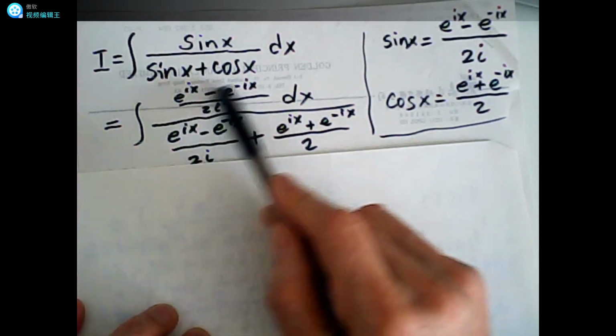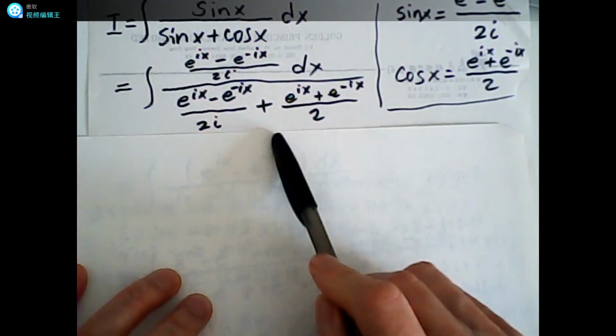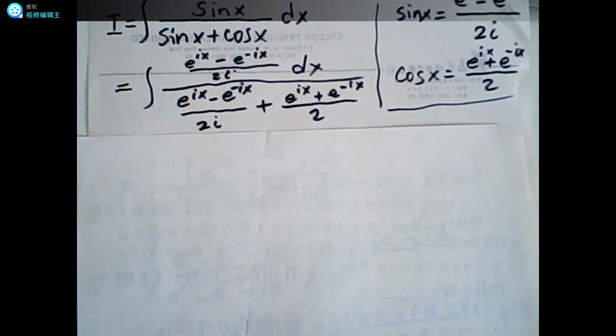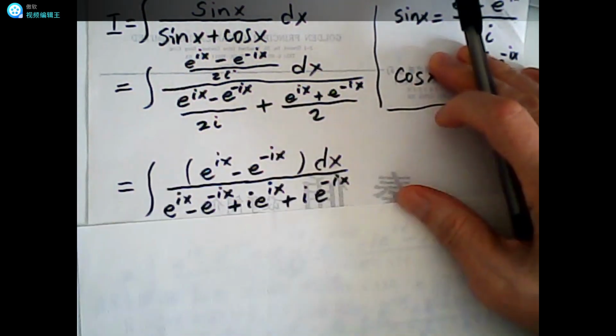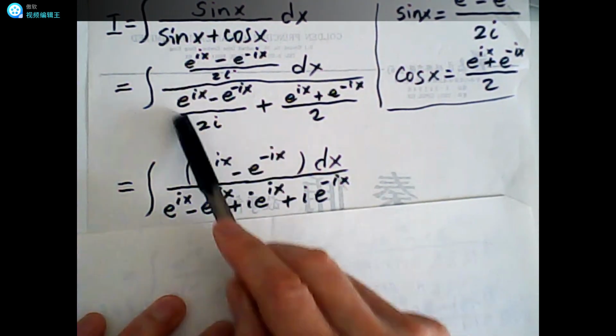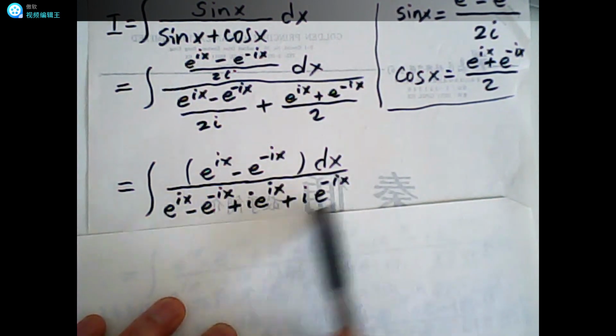And then we replace sine by this, cosine by that. Then obviously we multiply 2i to both numerator and the denominator. So it becomes this. This is a numerator. This is a part of a denominator. This is a part of denominator.